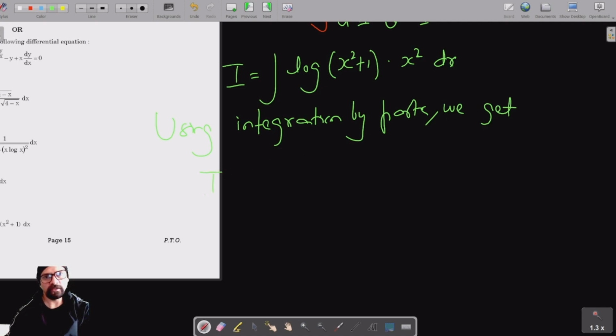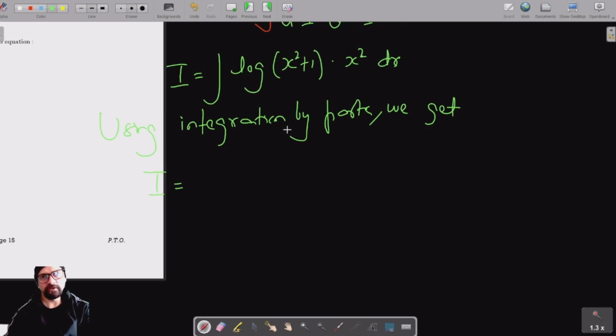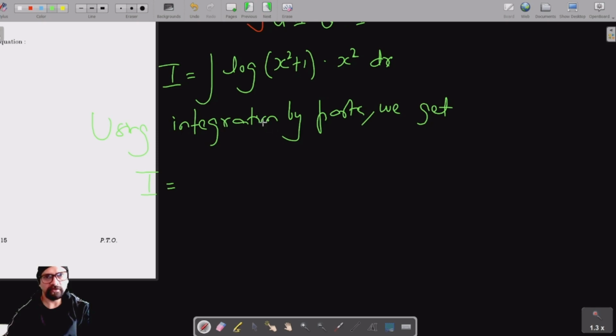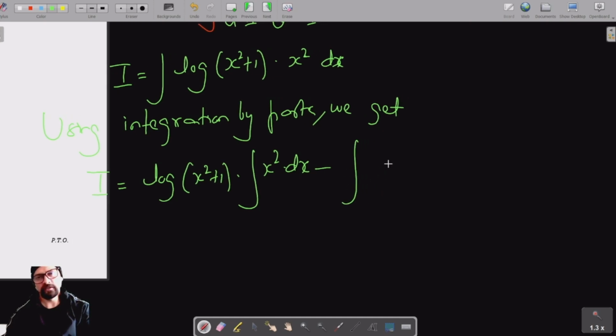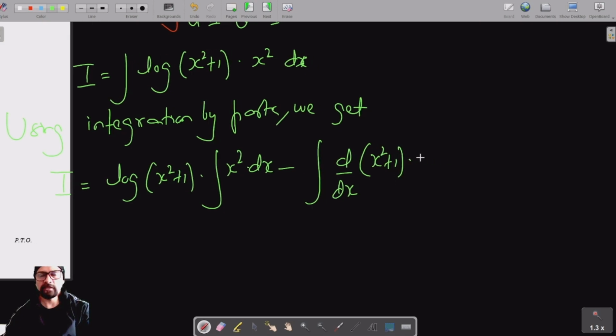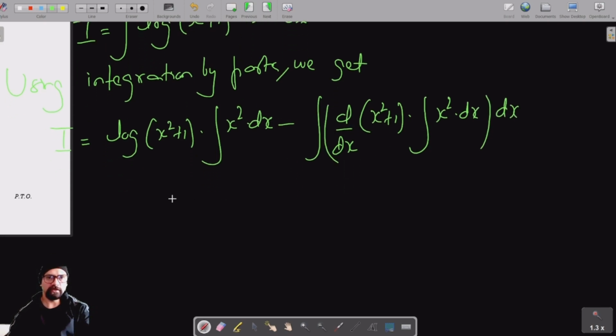So integration by parts says that it's the first function into integration of second function, minus integration of differentiation of first function into integration of second function. The whole has to be differentiated.